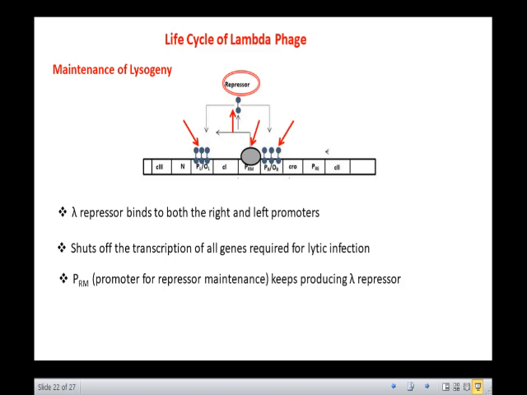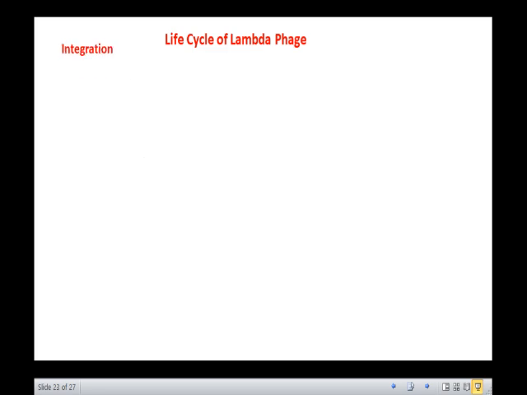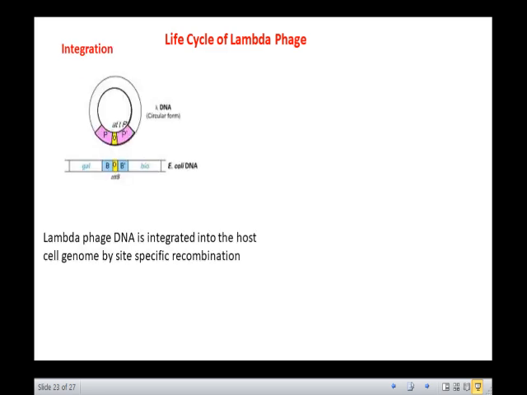Now, the stage is set for the next step in lysogeny, that is the integration of the lambda genome into the host genome. Lambda phage DNA is integrated into the host cell genome by site-specific recombination.